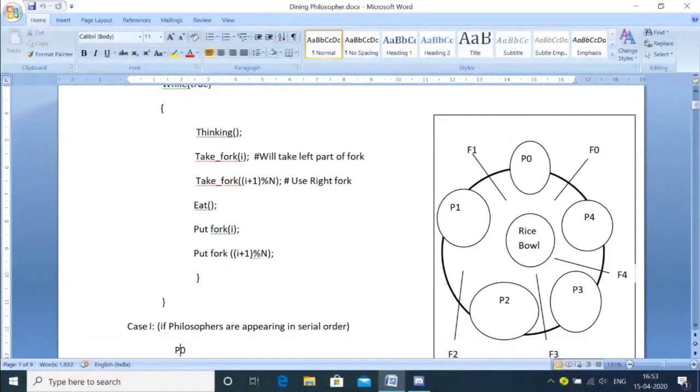If one of them gets the fork, the other philosopher has to wait. Philosophers here are actually the processes. Similarly, between P1 and P2, P1 can choose the forks F1 and F2, and P2 chooses F2 and F3. That means F2 is a common fork between the two philosophers, or processes, P1 and P2.